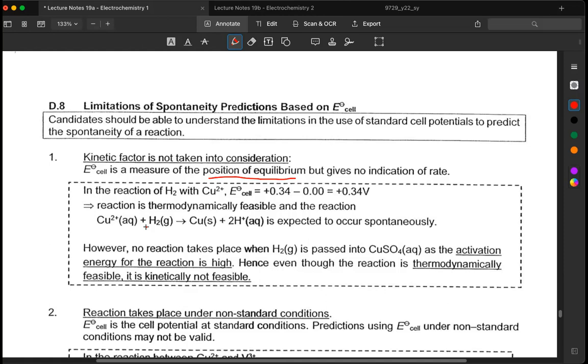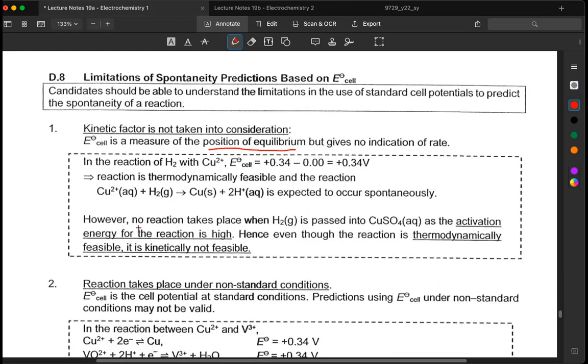For example, based on the E0 cell value, copper 2+ can react with hydrogen. But if you really carry it out in the lab, there is no reaction. Why? Because the activation energy is too high, so it is kinetically not feasible.